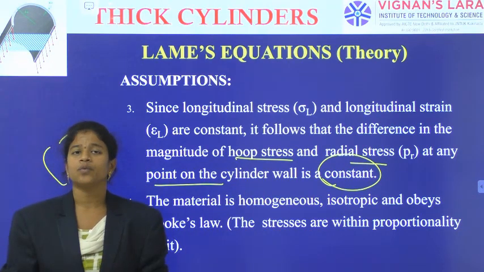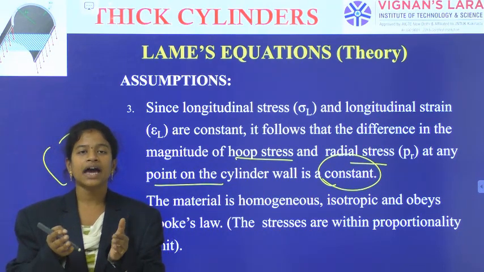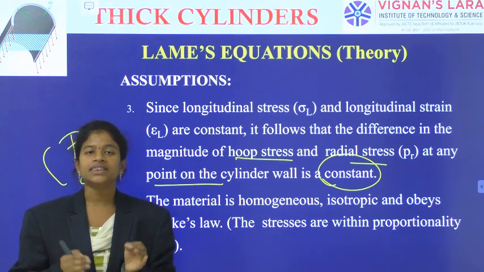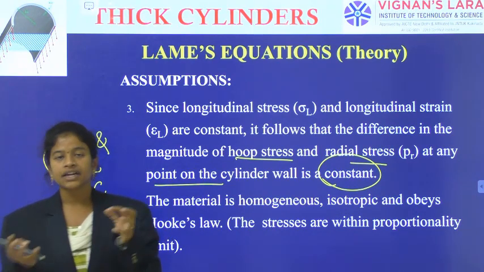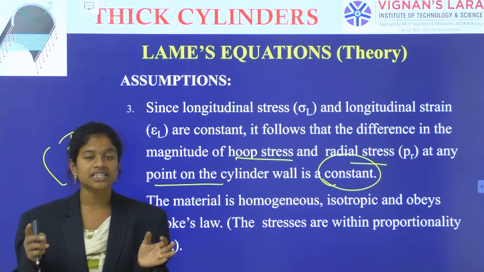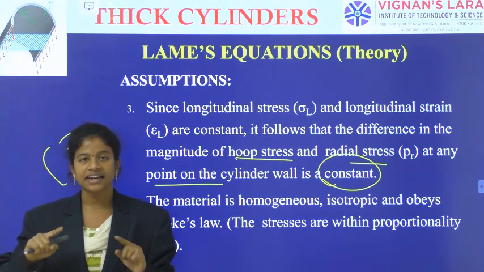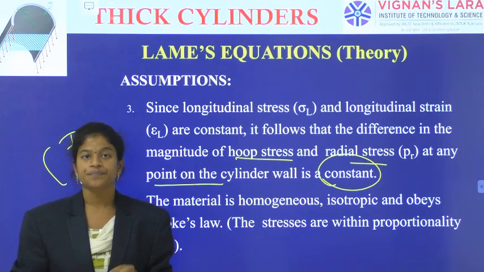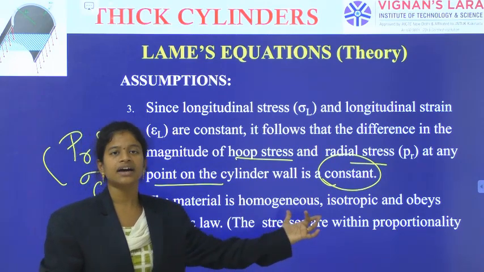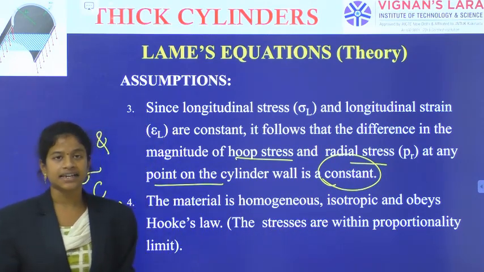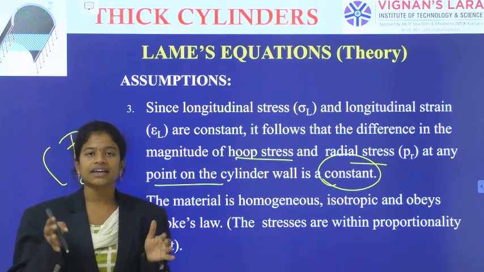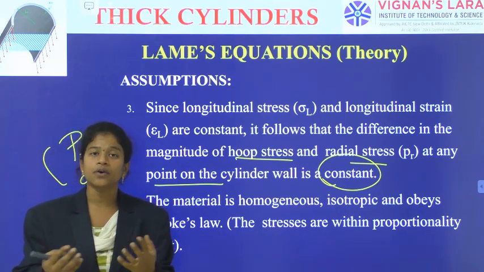So generally, what is Hooke's law? When I am applying a load within the elastic limit, after the removal, it should get its original shape and size. Nothing but when I am inducing some stress, the corresponding strain is in direct relation. But the load is within the elastic limit. Here for the container or for the cylinder, what is the load I am giving?